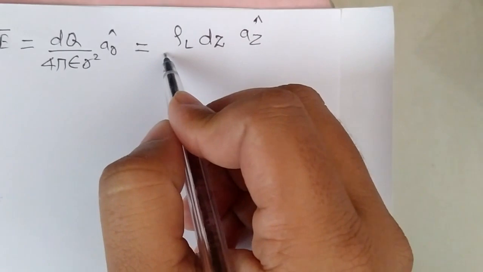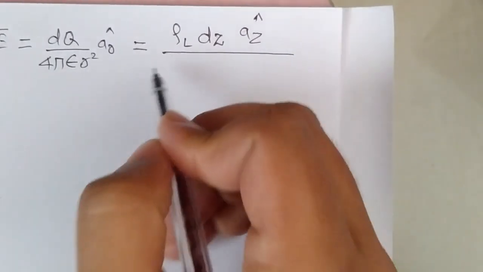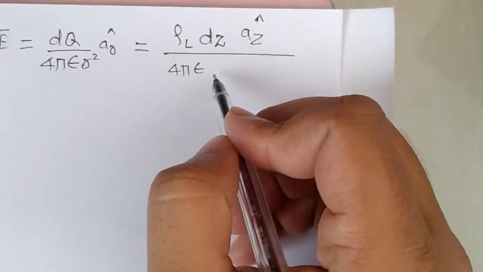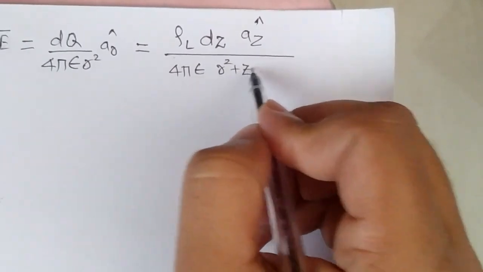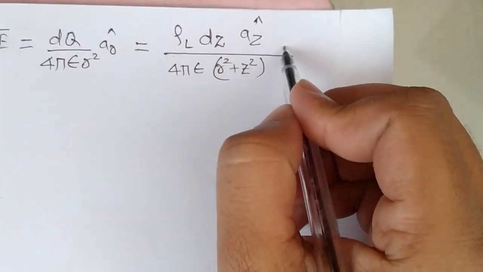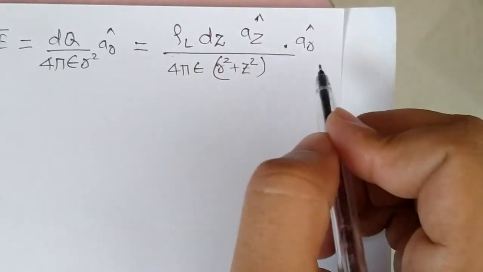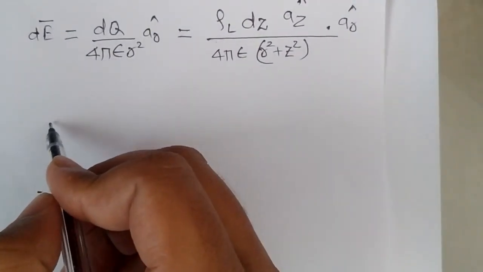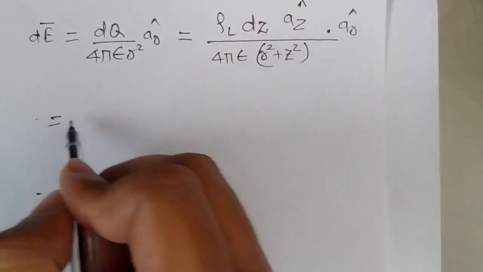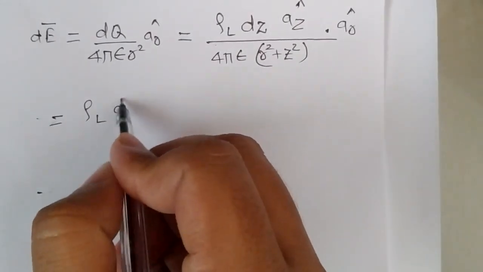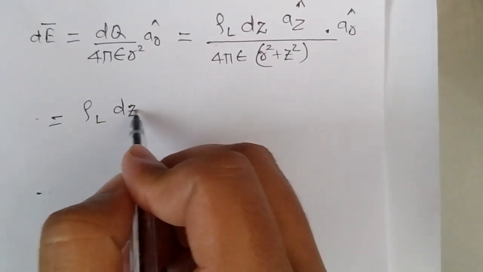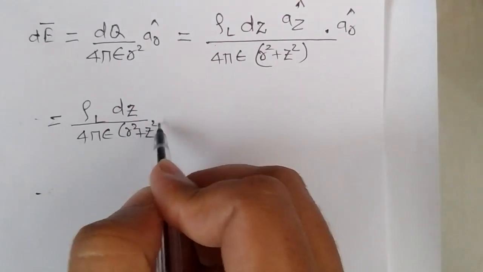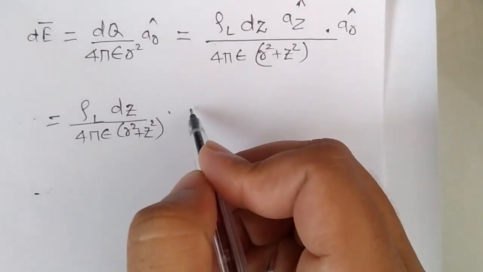divided by 4 pi epsilon, r square will be r square plus z square, into a_r cap. Simplifying this equation, the final value equals rho L into dZ upon 4 pi epsilon r square plus z square into the a_r cap value.